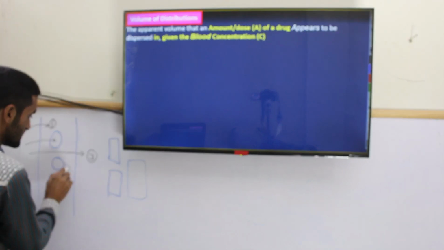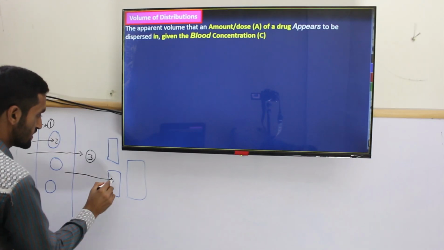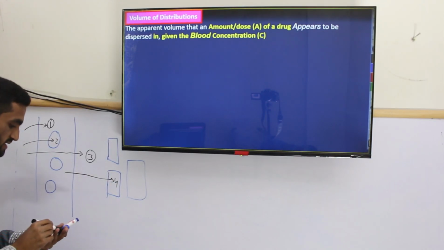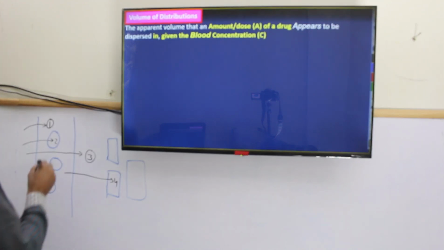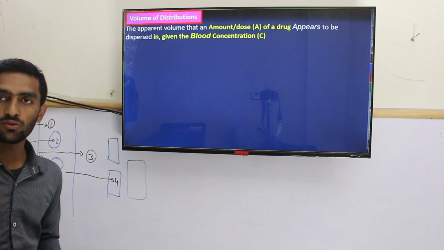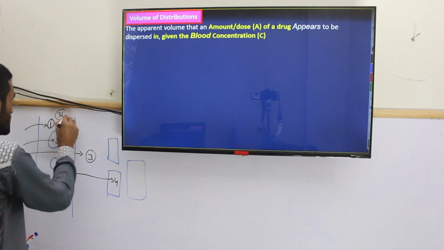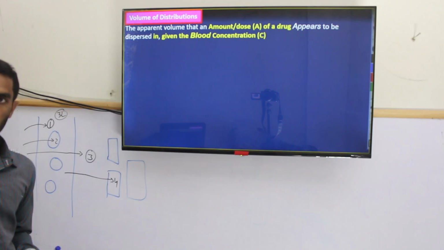Then this drug can enter into this tissue. If this drug is limited to the plasma, its volume is small, for example 3 liters for your plasma.